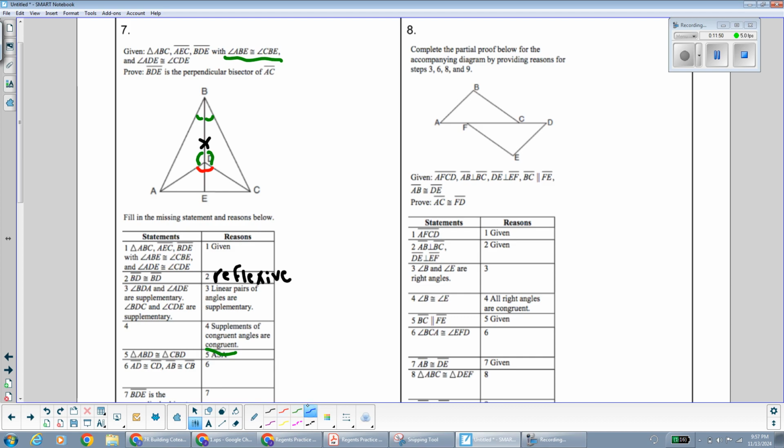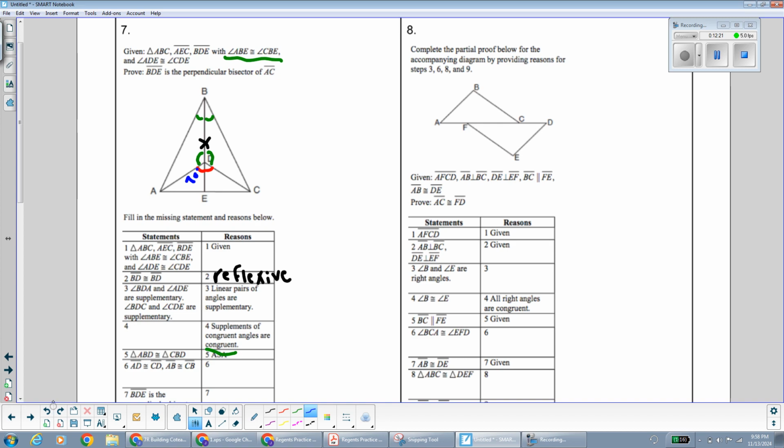And let's think about why this makes sense. Let's say that this angle was 70. That means this one has to be 70 because they're equal angles. That was given. Since this and this are supplementary, this would have to be 110. Since this and this are supplementary, this would also have to be 110. So if these two angles are both supplementary to the congruent angles, they have no choice but to be congruent, because they're going to be the same value to make that 180 degrees. So that's all that it's saying.